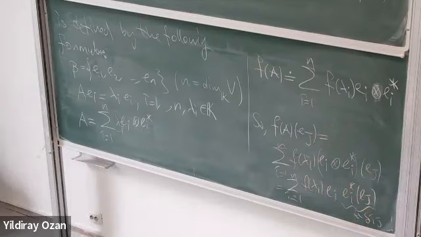Kronecker delta ij. So it is 1 if i and j are the same, otherwise it's 0.